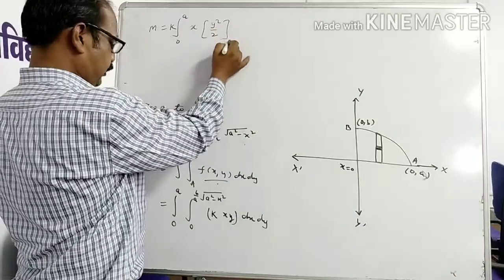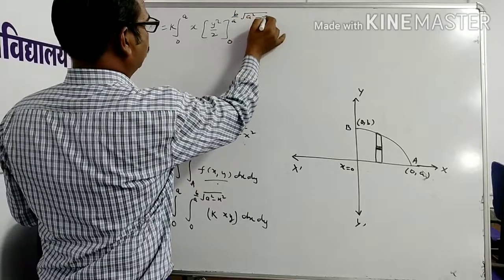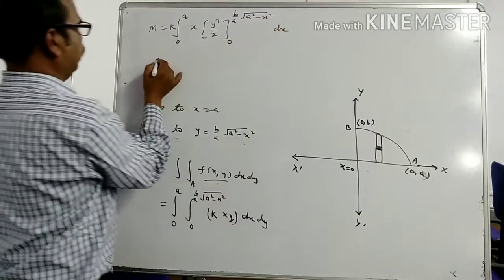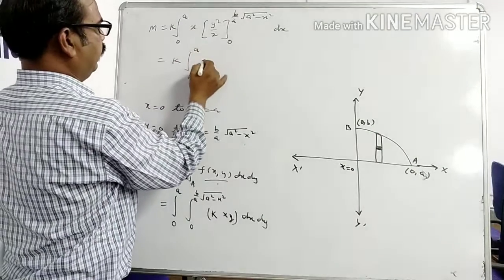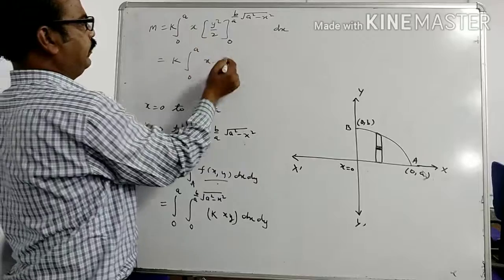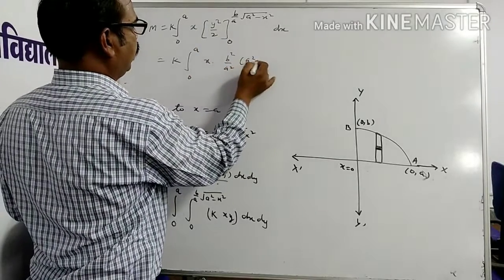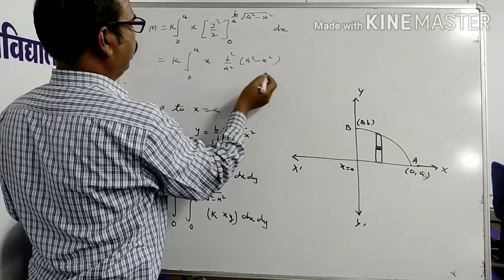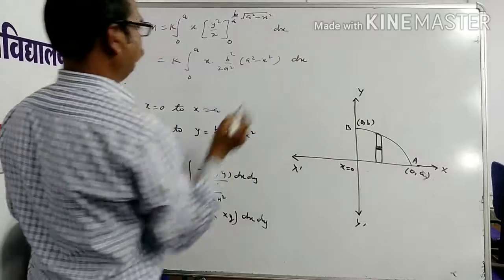Limits are 0 to b by a under root of a square minus x square, dx. Now k as it is, 0 to a, now we have x, and the limit gives b square by a square into a square minus x square by 2 dx.